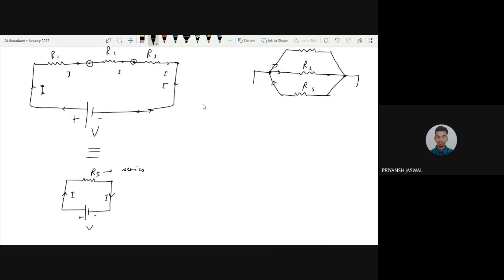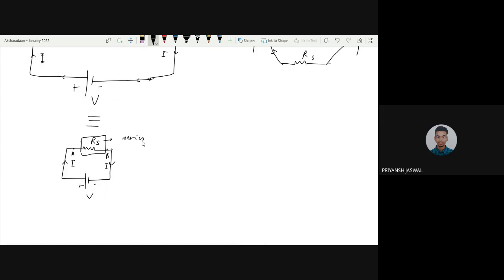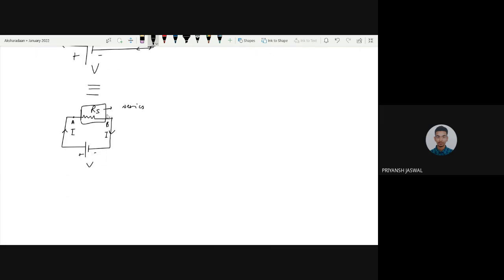So the net resistance of this circuit, that is RS, will be as if between these two terminals A and B there was only one resistor of that value RS, instead of this combination of multiple resistors. That is the net resistance. That is the definition of net resistance, you can say. That is, if we replace the whole combination with a single resistor, then the value of resistance for it will be the net resistance of the system.